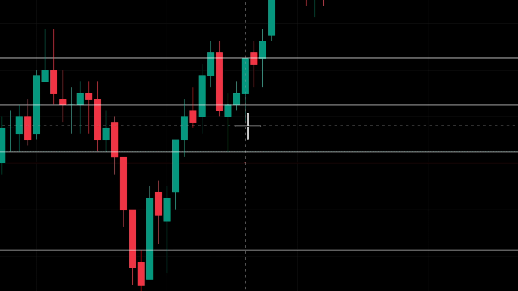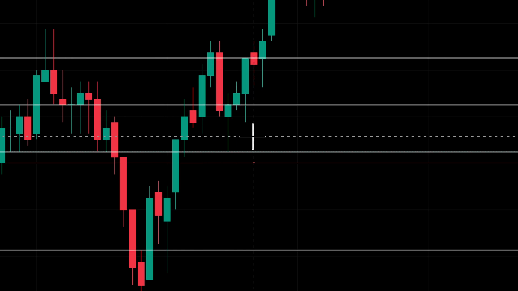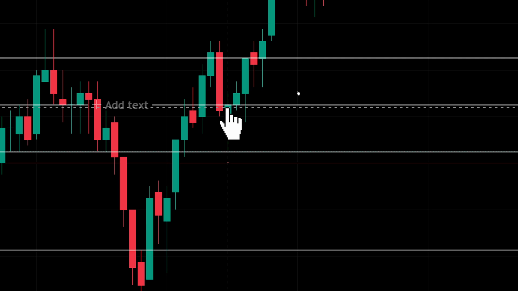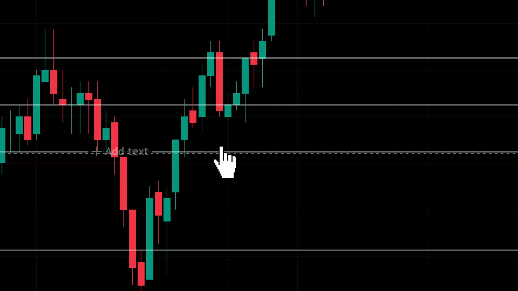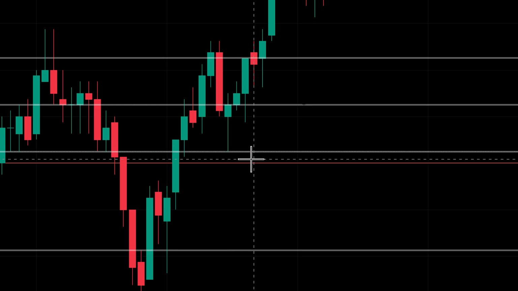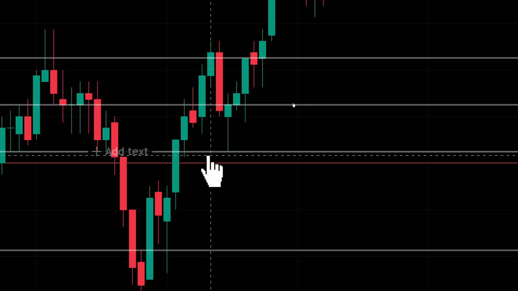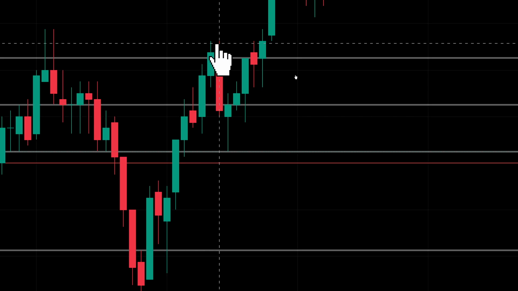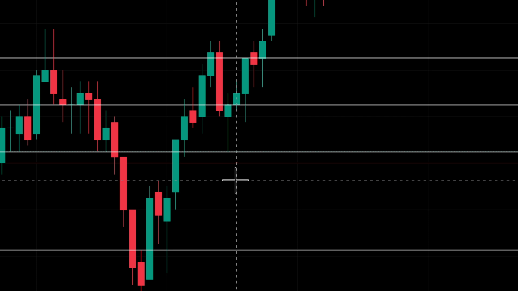Now, it did pull back in, and that might have stopped us out, depending on where our stop is. It did pull back in, but here's the 236, here's the 118. So, yeah, this is the 0 line, or the 1, whatever. If I were trading this, I would have probably taken the reversal here, and I would have probably made a small amount of money.